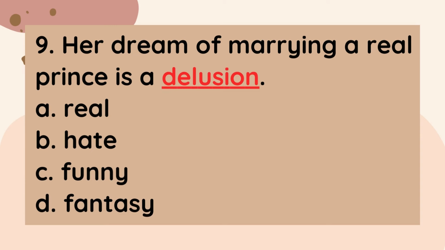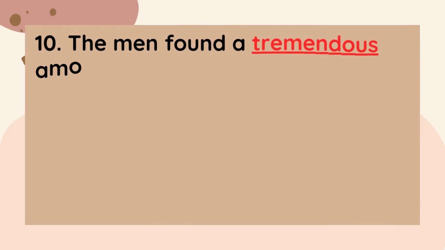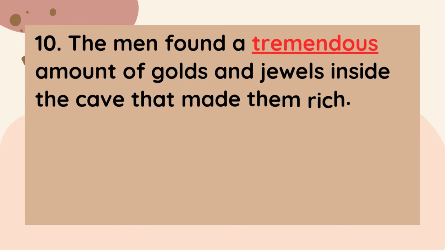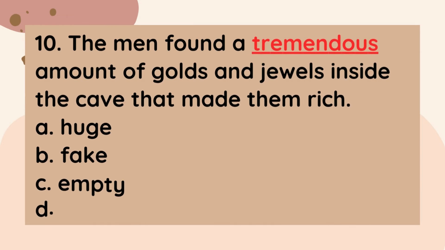B, hate. C, funny. And D, fantasy. Number 10, the men found a tremendous amount of golds and jewels inside a cave that made them rich. Letter A, huge. B, fake. C, empty. D, shiny.